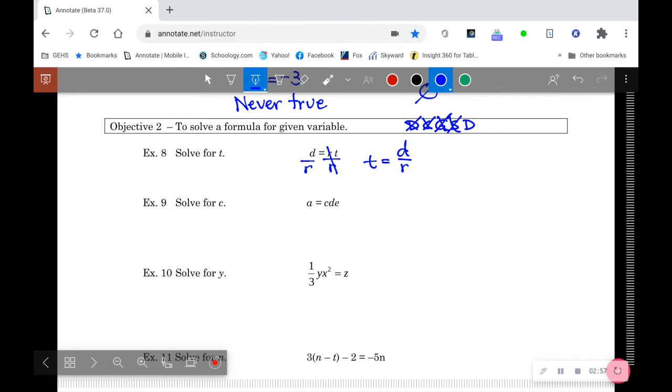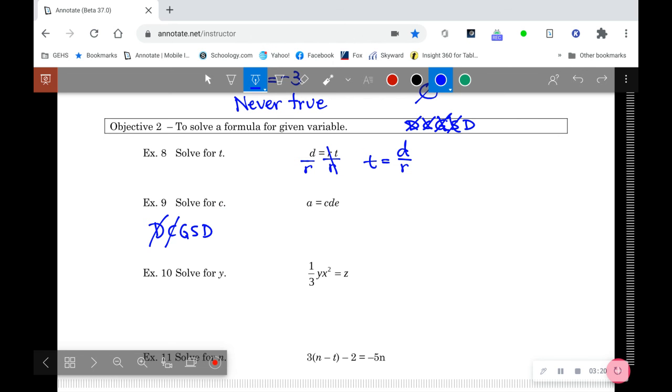Okay, the next one here, I'm going to go ahead and put the steps out. Distribute, clear, gather, simplify, divide. In this case, there's no distributing to do. There's no clearing of fractions. There are no fractions. The terms with C in it are on the right, and it's that term CDE that has C in it.